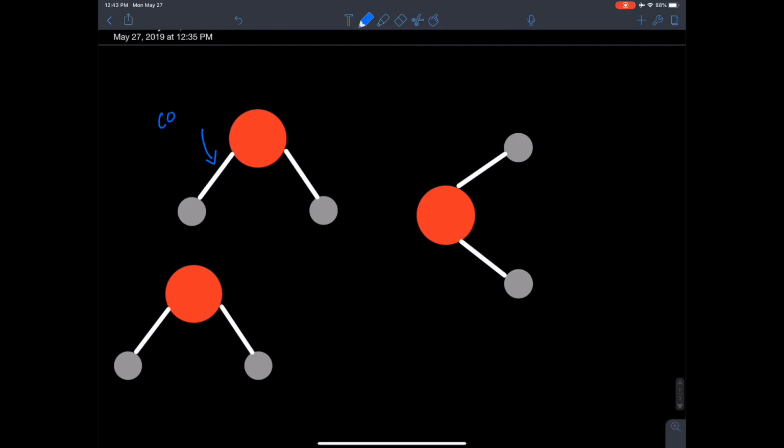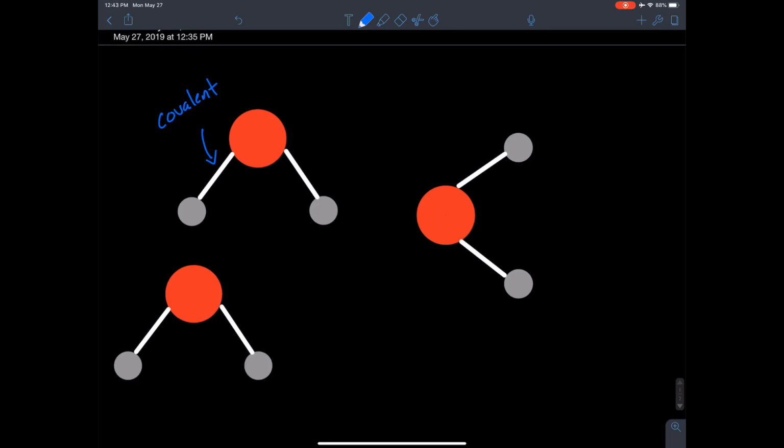Well, it's a covalent bond. How do we know that? Well, it's between a nonmetal and a nonmetal. It's between hydrogen and oxygen, two nonmetals. If it were a bond between a nonmetal and a metal, then we'd be looking at an ionic bond. So it's a covalent bond. This is a covalent compound.